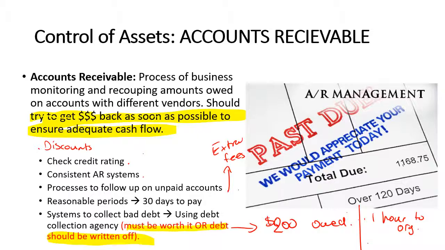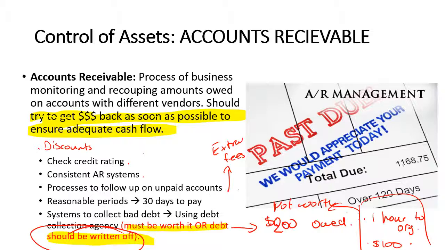I can make more money in my activities, and there is a debt collection fee of $100. In that situation, it's not worth it. Okay, and you're better off writing off the debt. Okay, just ignore it. Say it's $200 in losses for my business.